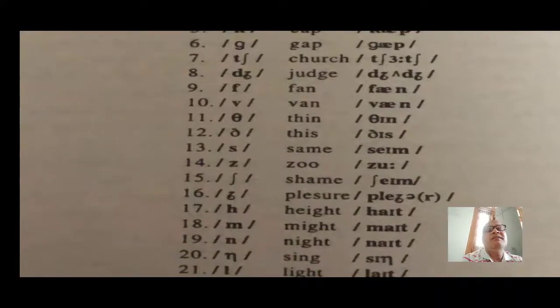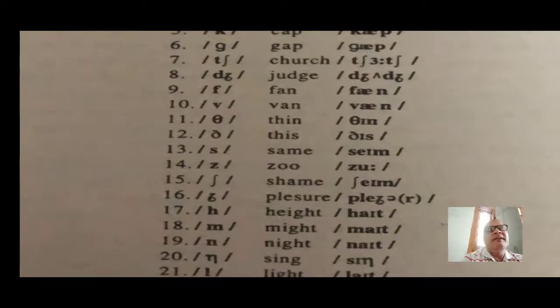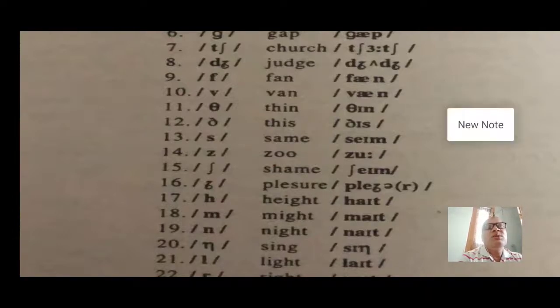And the next one is theta, standing for th. It's not the Telugu sound. There is a variety of pronunciation, not exactly like that, because we have the sound in Telugu, and that's the reason we are trying to bring it to the level of the Telugu sound, but it is th, right. The next one is the voiced th, standing for the, this. The next one is s, that's all.